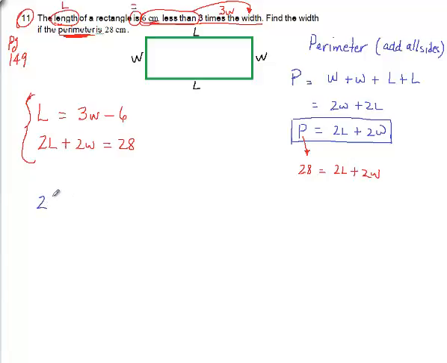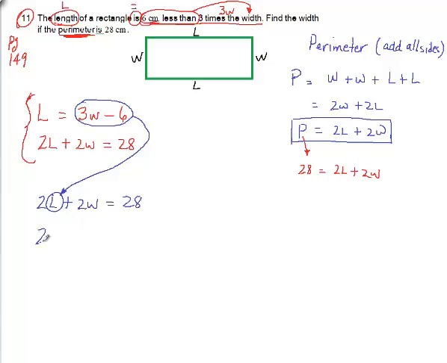I take the second equation, 2L plus 2W is 28. Now remove the L, and substitute in the new L, which is 3W minus 6. So that goes in here for L.